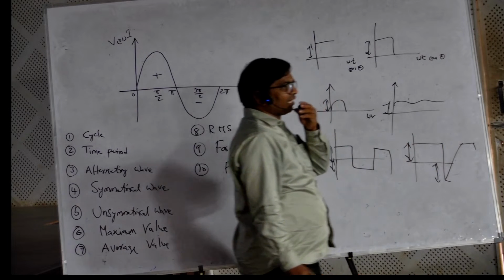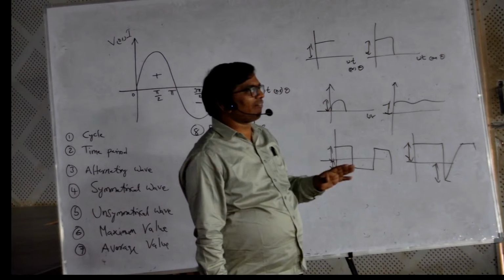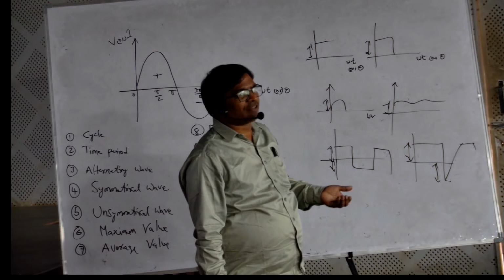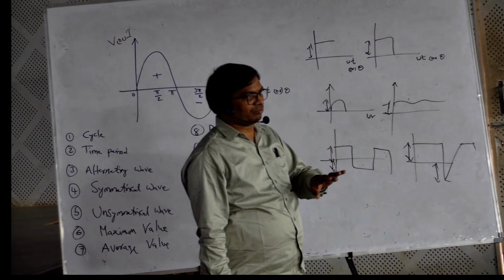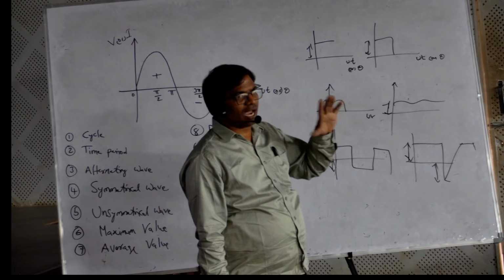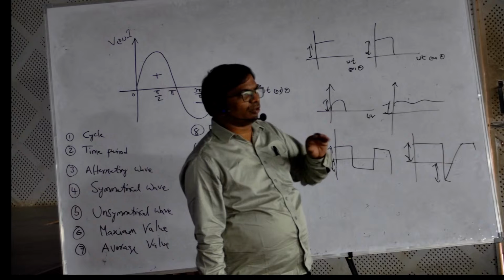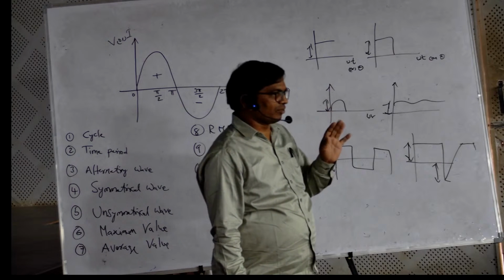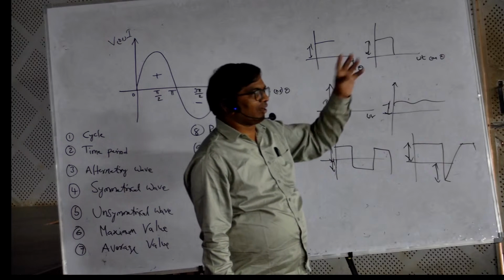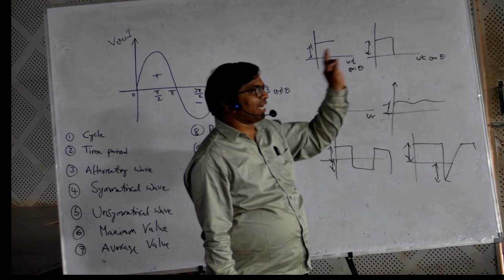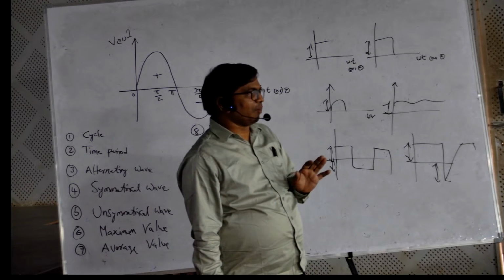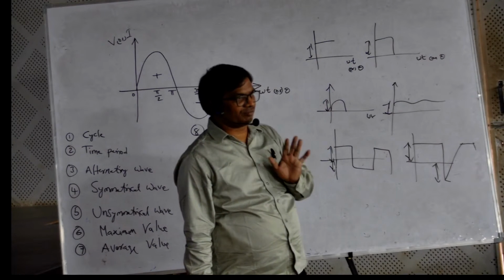An alternating wave has positive magnitude as well as negative magnitude, for example plus 1, minus 1, plus 10, minus 10, plus 8, minus 8, plus 3, minus 3.